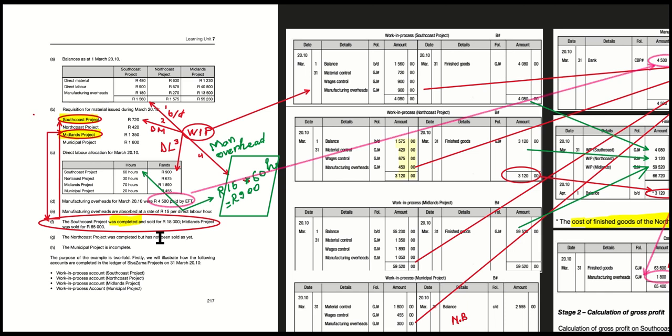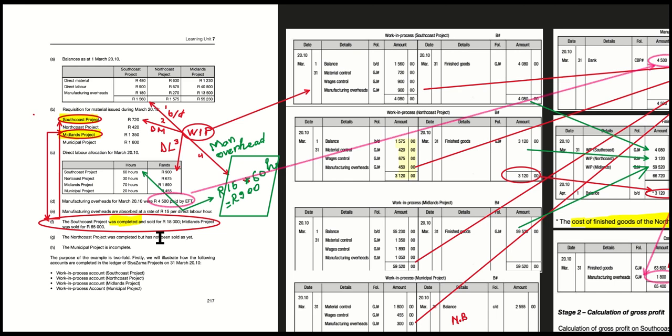So let's go again and look at the South Coast project. Section F. We are told that it was completed and it was sold for 18,000, as well as the Midlands project, which was sold for 65,000.